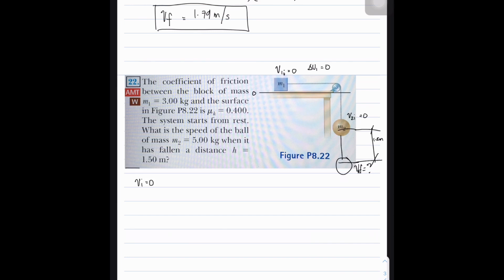Unlike here on our second object, we have a value for U2i, but for U2 final, it's equal to 0. Next, since our Vi is 0 for both objects, therefore our K1i is 0. Same with K2i, it's also 0. This is from rest.